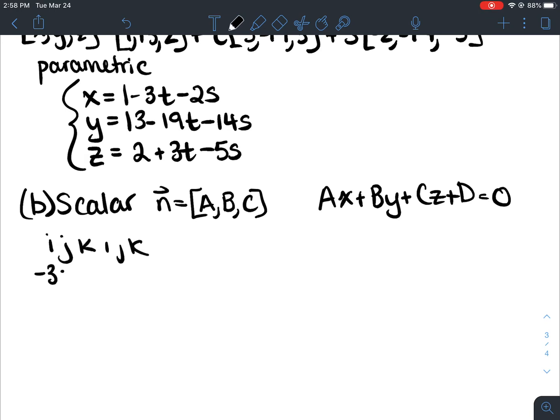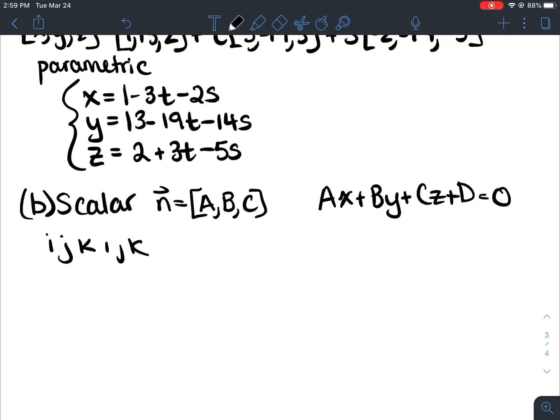and I do it with my vectors, okay, I already did this myself. Oh, you know what? I should just show my work though. -3, -19, 3. -2, -14, -5. Oh my gosh, these are getting crazy. I gotta redo this.